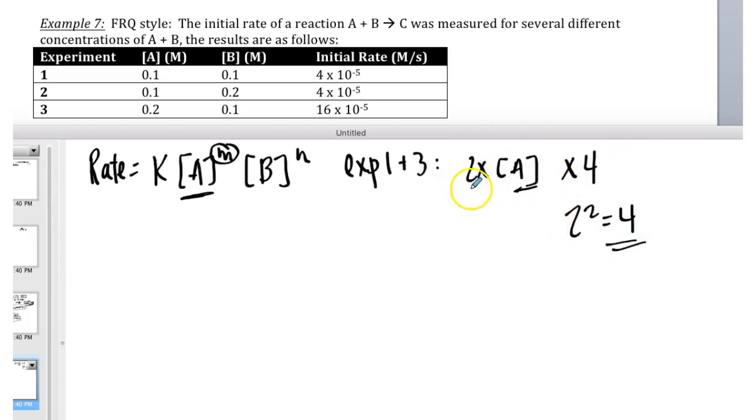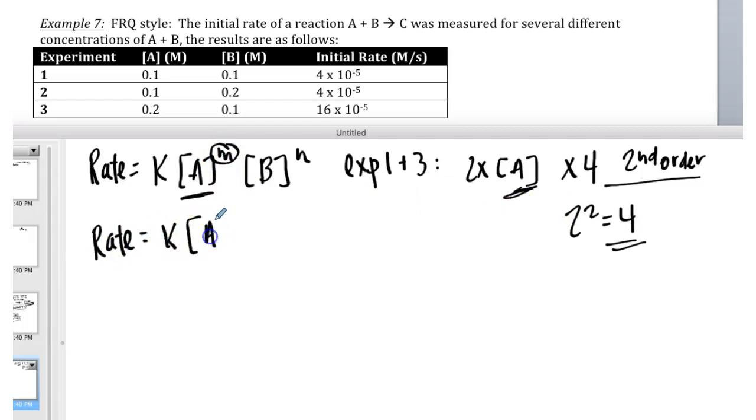So this A is actually undergoing a second order where it's not directly proportional. So this is going to be rate is equal to K times A to the second order. Notice how there's no 2 here in the coefficient, and then you multiply it by B, and we now have to figure out the order for B.